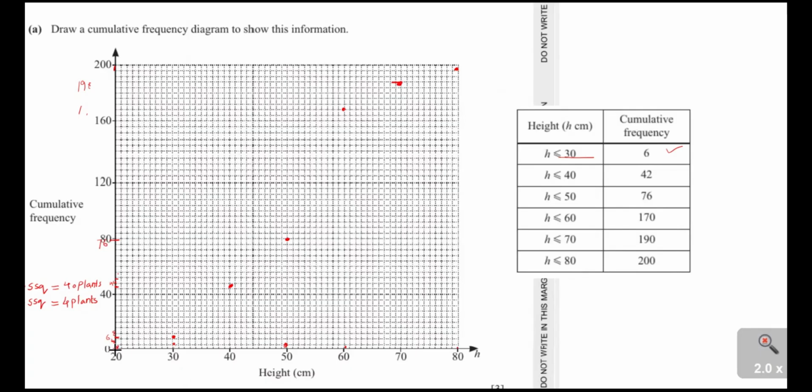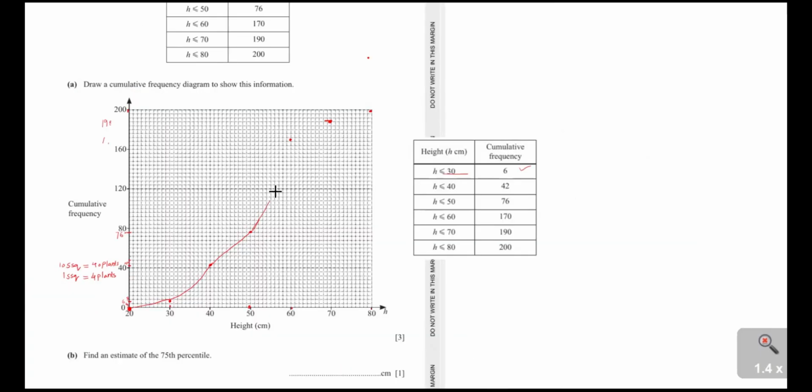The value we will take is 0. When height is 20, there is no plant mentioned of height 20, therefore we will mark 0. Next, we will join all these points. By joining these points, we get a cumulative frequency curve. And this is the graph of cumulative frequency.